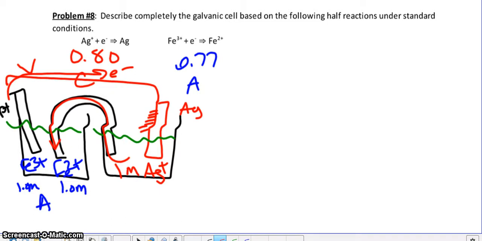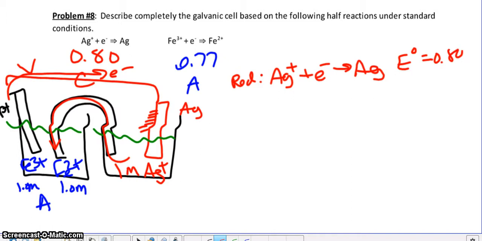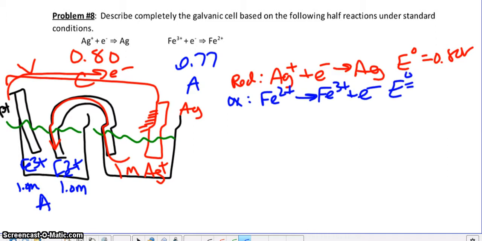So my reduction is where you have Ag plus e negative makes silver, and that's equal to 0.80 volts. And my oxidation is going to occur with the Fe2 plus losing an electron to make Fe3 plus. And that is equal to, make sure you put your negative in there, negative 0.77 volts.